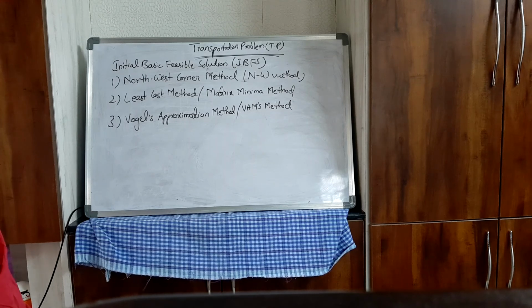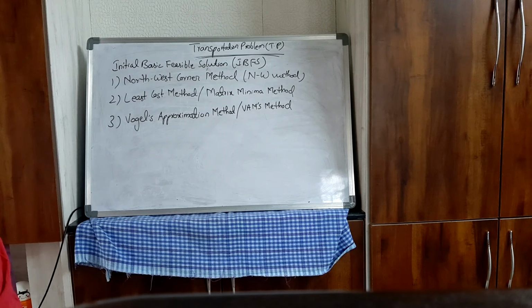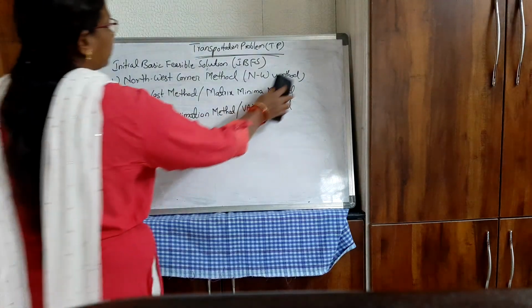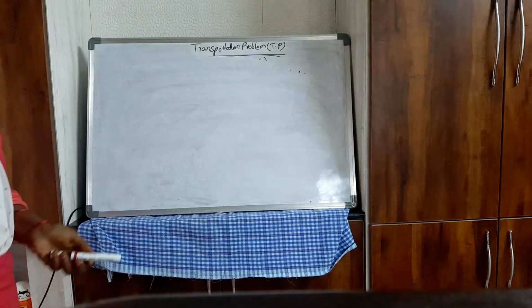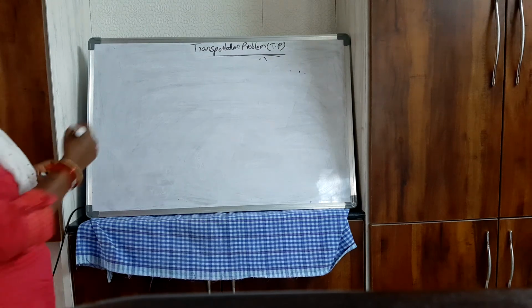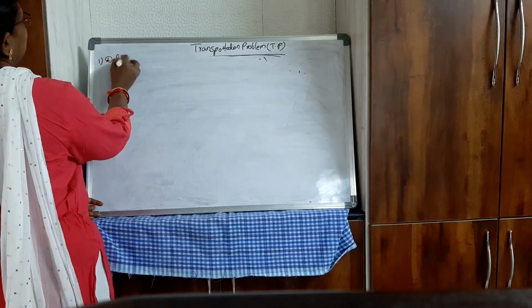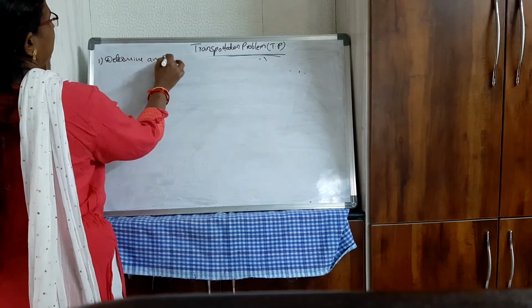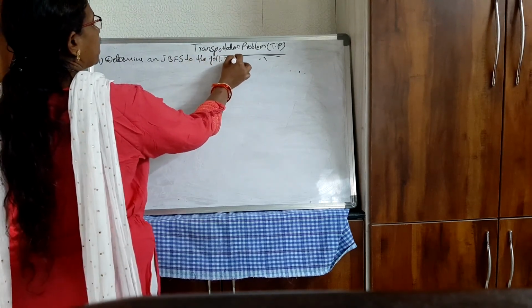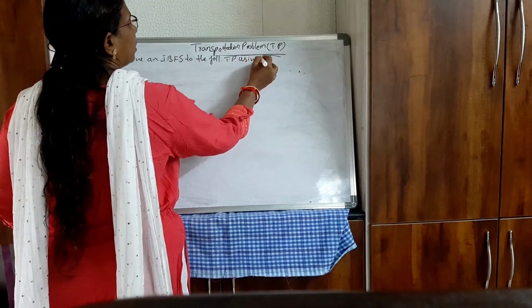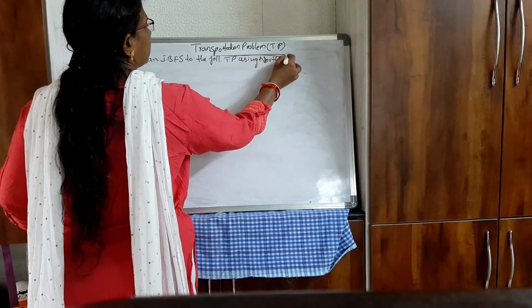Let me take one problem, then we can do it. The question will be: determine an initial basic feasible solution to the following transportation problem using the northwest corner method.